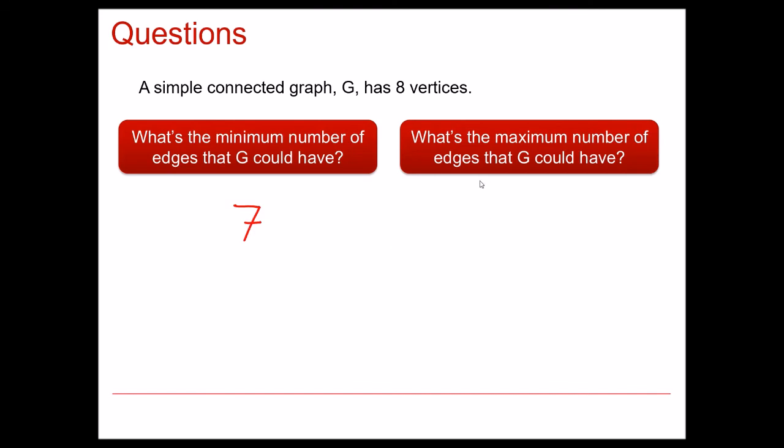And then for this question, the maximum, well, it's simple, so we can't have multiple connections, otherwise there would be no limit to the number. That means that we must have the complete graph K8, and then if we remember what the formula was that we wrote down earlier, it was n times n minus 1 over 2. So that's 56 over 2, which is 28.